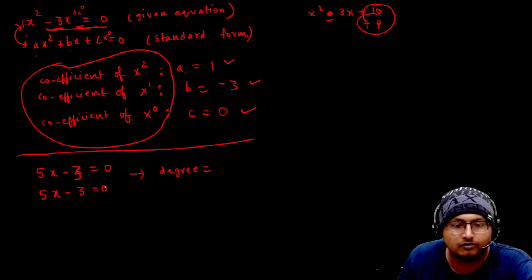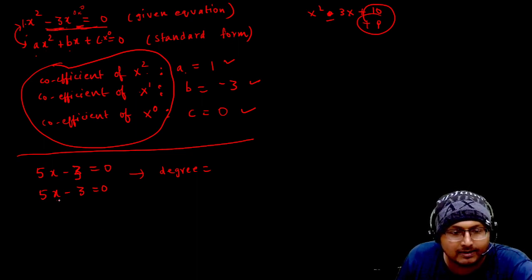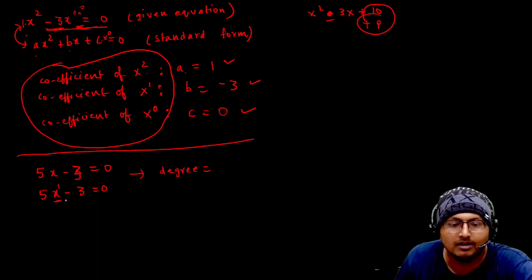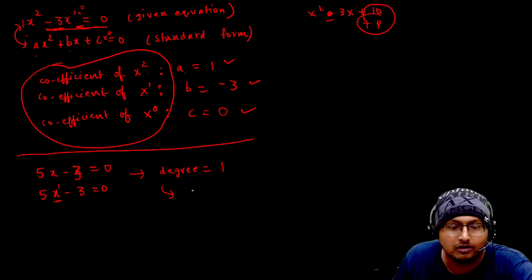How will you find the degree? It is the maximum power of the variable. What is the variable? x. What is the maximum power of that variable? 1. So the degree equals 1. Equations with degree equal to 1 are called linear equations.